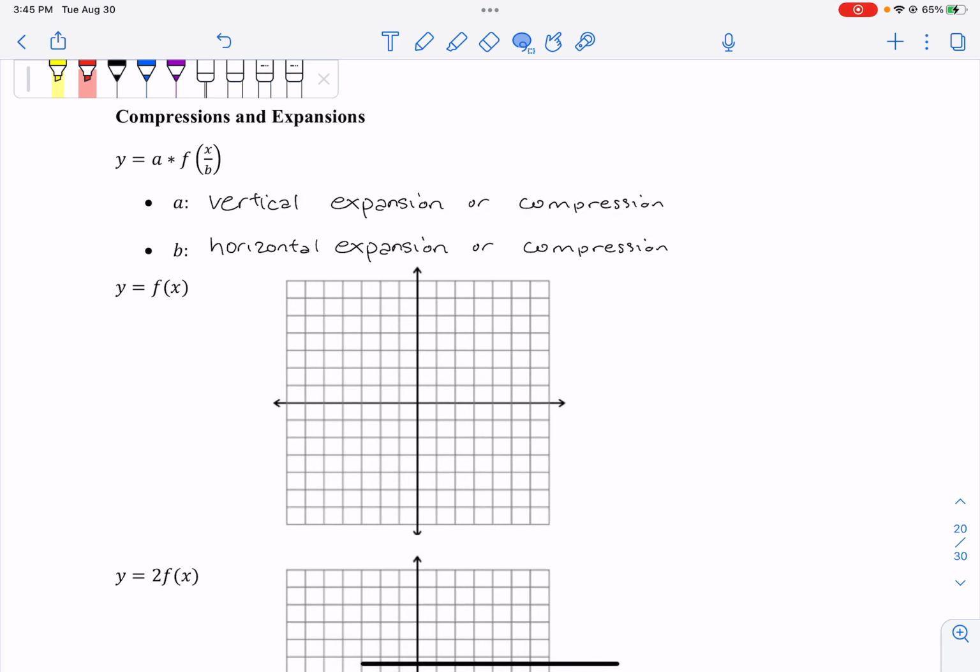So now, let's say we have a graph that looks like this.